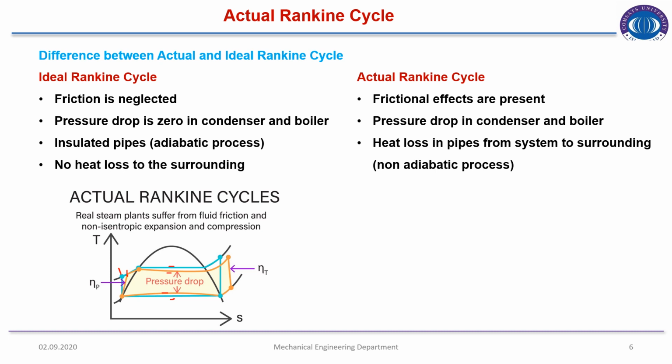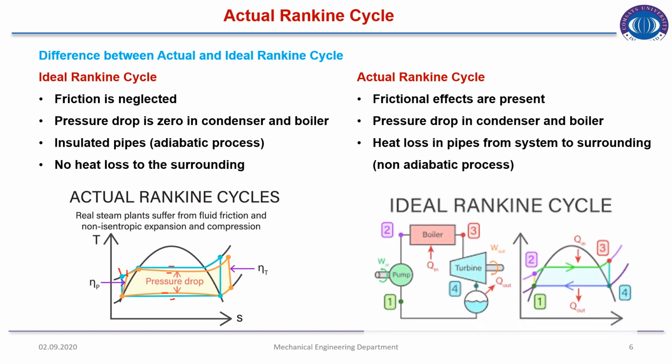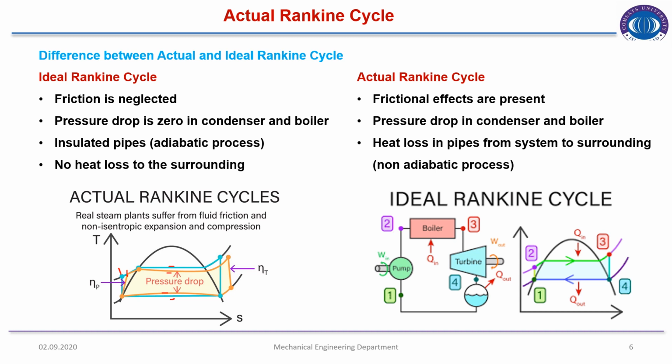These differences will be explored in detail during this lecture. In the ideal Rankine cycle, these are straight lines, and in the actual Rankine cycle, the friction effect and other effects are included.